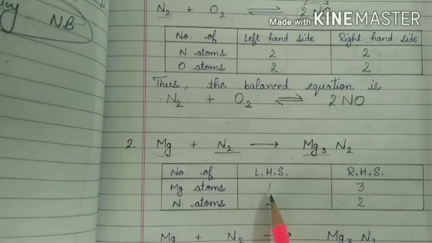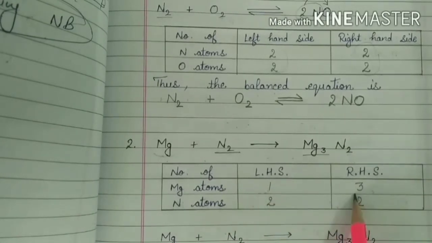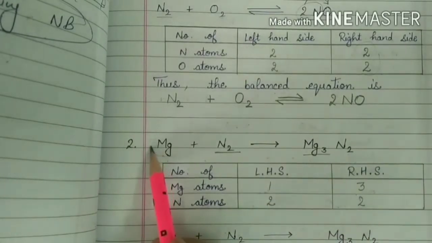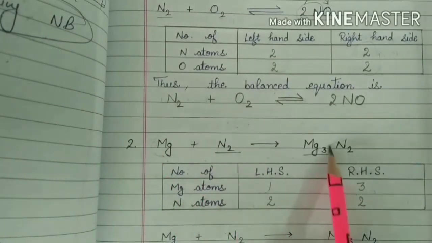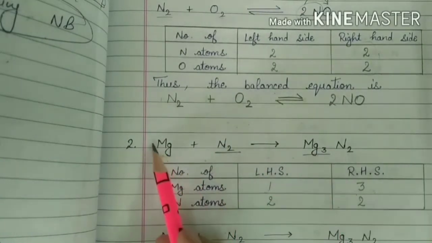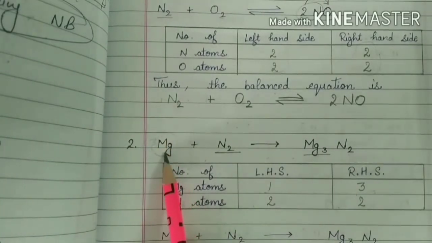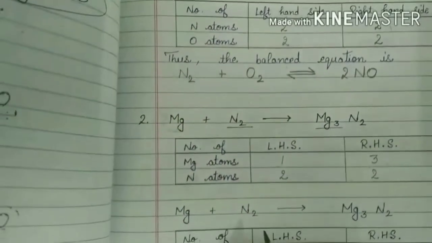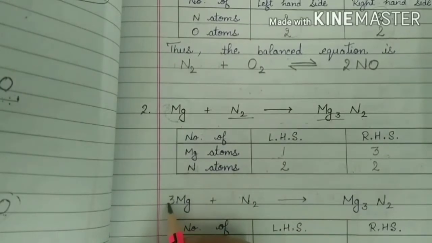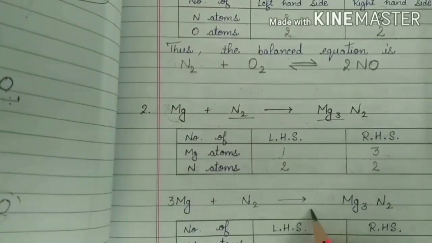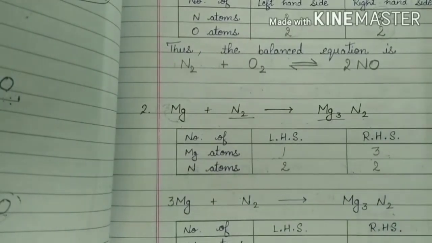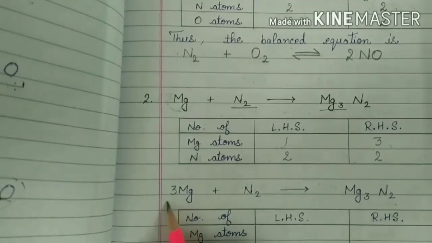Now to make the number of magnesium atoms equal on both sides, if we put 3 here, 3 magnesium atoms are there. अगर हम यहाँ पे भी 3 लगा देंगे, then here also magnesium atoms will be 3. So by writing the equation like 3Mg plus N2 gives Mg3N2, count the number of atoms.